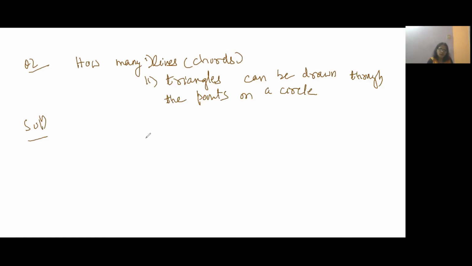So whenever you take points on the circle, for every chord you need 2 points. So it means that can be done in how many ways? Even if you take the diagonal, it is also the longest chord, right?